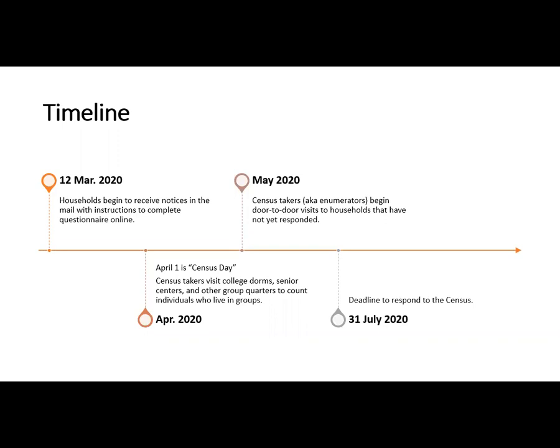In May 2020, census takers, I might go back and forth between saying census takers and enumerators, but they're the same thing, will begin going door to door to visit households that have not yet responded. So these are folks that haven't filled it out online, haven't sent back their paper form yet. Big deadline to know is that everyone needs to reply by July 31st of 2020.